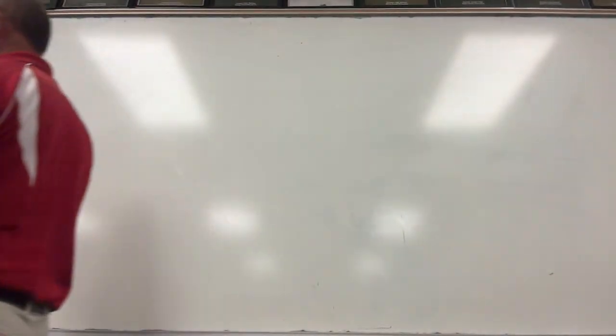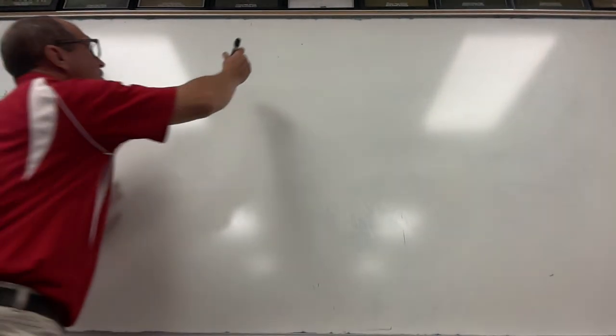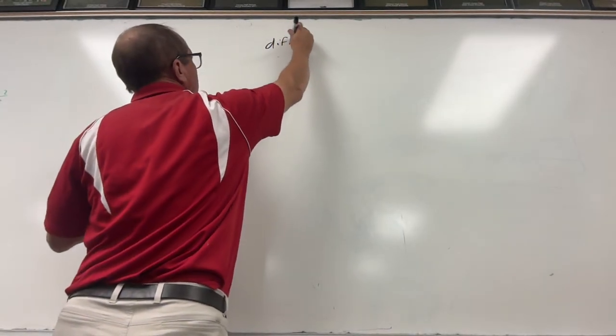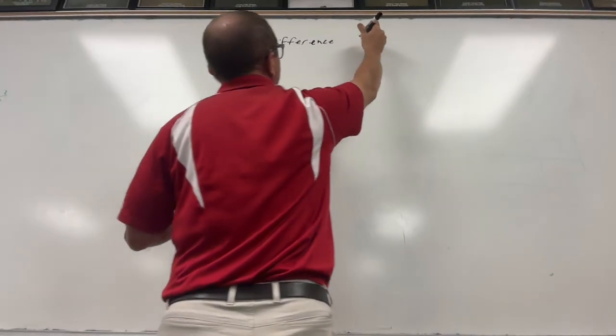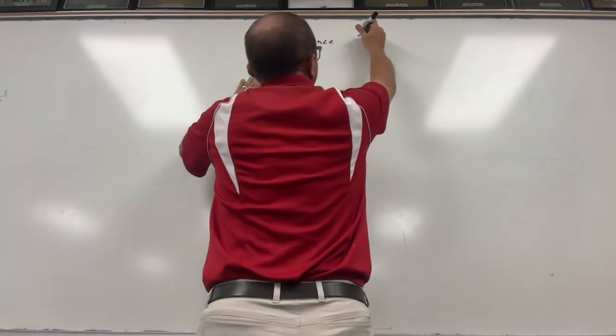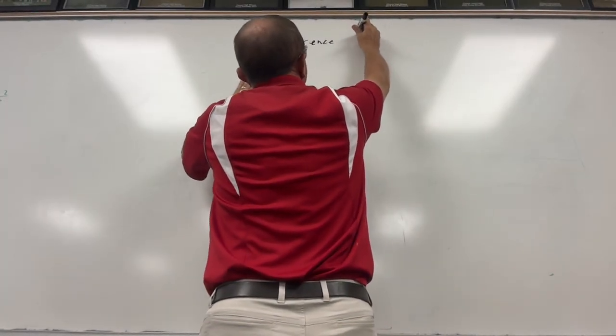So in 2.2, we're going to start off with something called the difference quotient. Now the difference quotient, I'll just give you a brief background on it. It leads into finding slopes of curves in calculus.